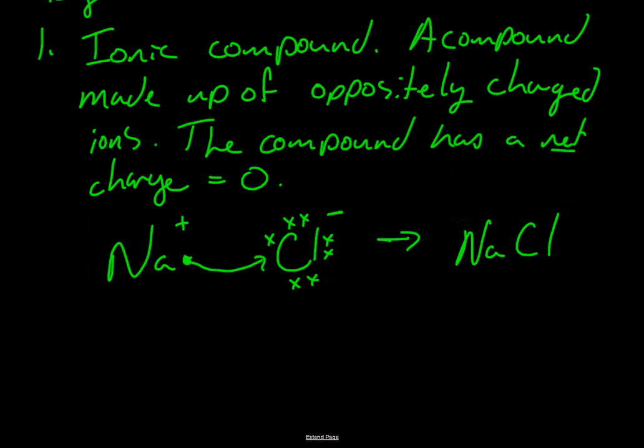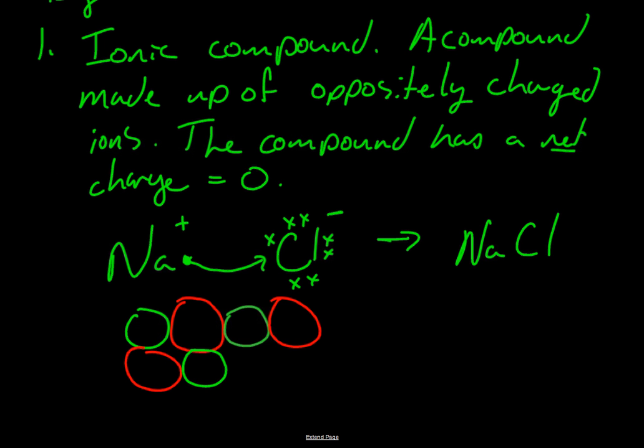In real life, what actually is going to happen is you're going to get a regular repeating pattern of all these ions, and they'll form blocks or bricks, and they'll all just hang out together. They're like besties.